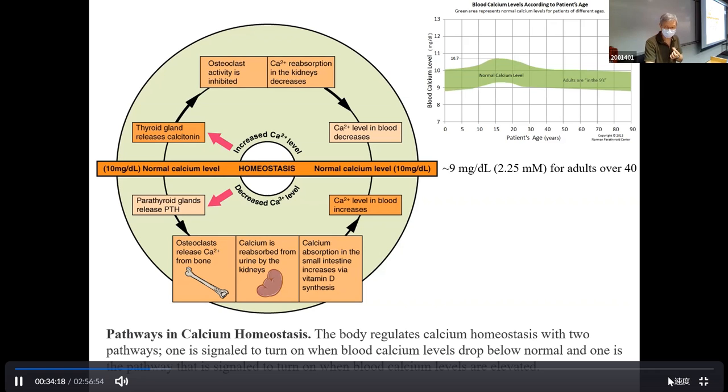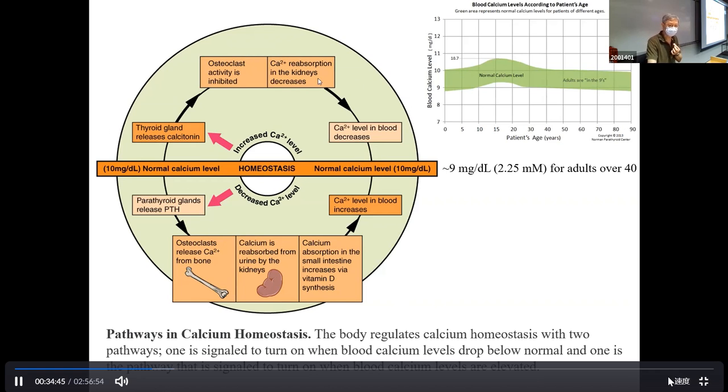So this is the 10 here. These are the things that will increase, and these will be the events that will decrease the calcium level. Now, we will go into another diagram, which will provide you with a better picture.